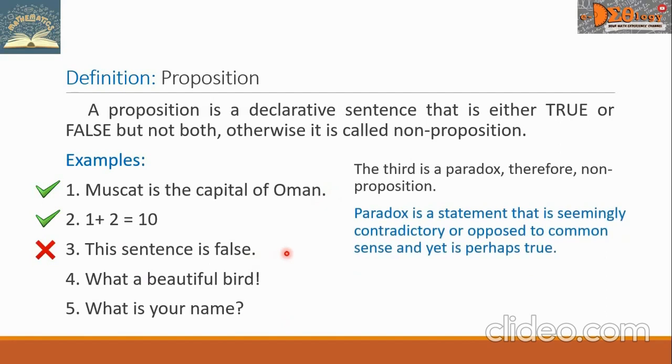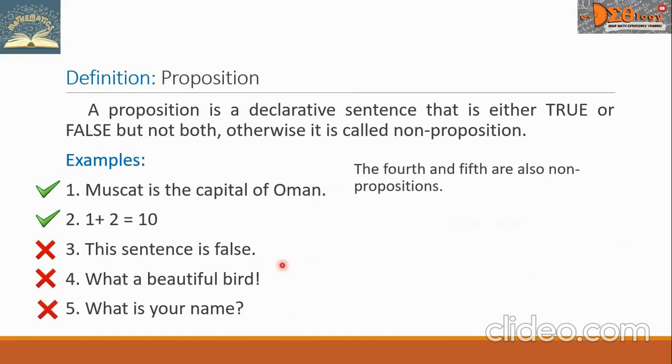Paradox is a statement that is seemingly contradictory or opposed to common sense, and yet is perhaps true. The fourth and fifth are also non-propositions. The fourth is an exclamation, and the fifth is a question.